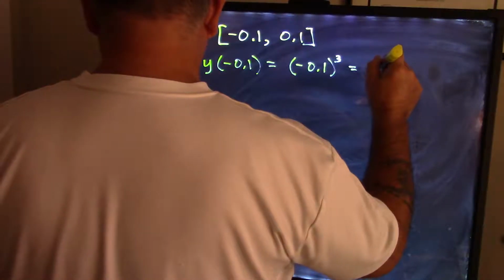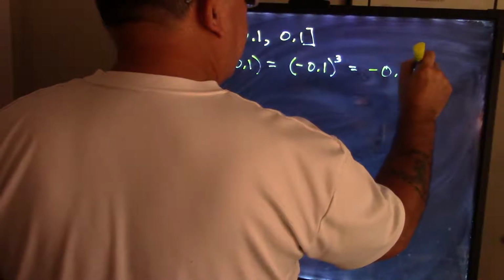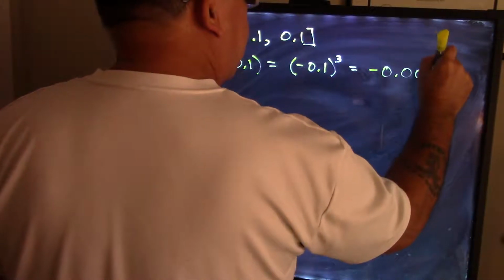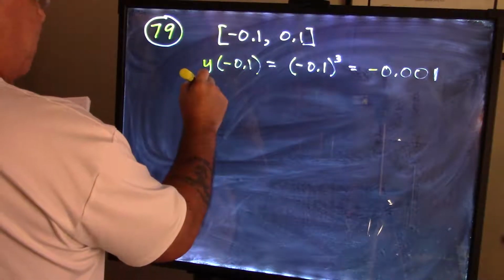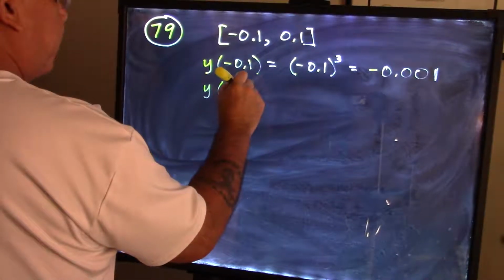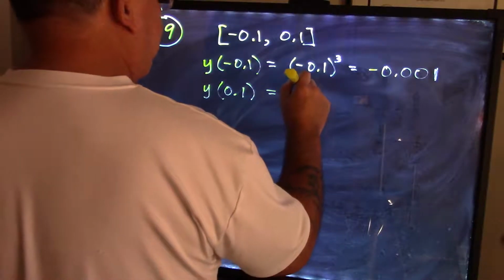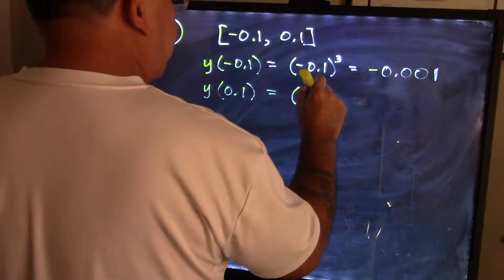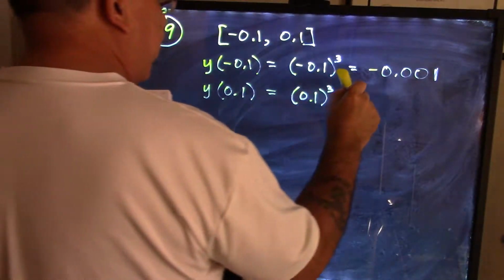That's -0.001. And then we also evaluate the right endpoint, y of 0.1, equals 0.1 cubed, and that's 0.001.